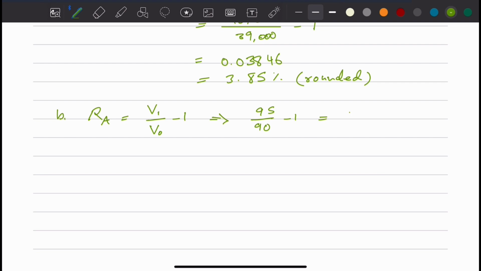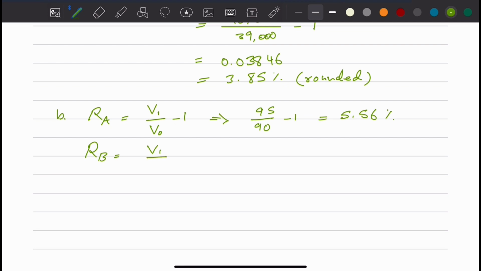That is 5.55, or let's say 56 approximately, rounded, because in my calculator it's showing 5.5555, so I just rounded up to 5.56.